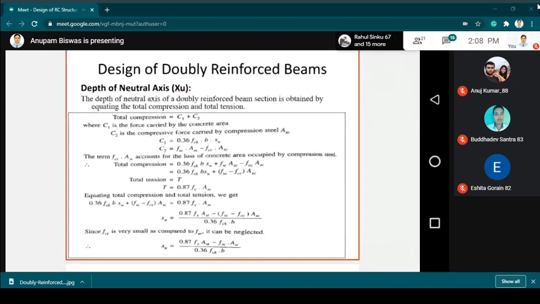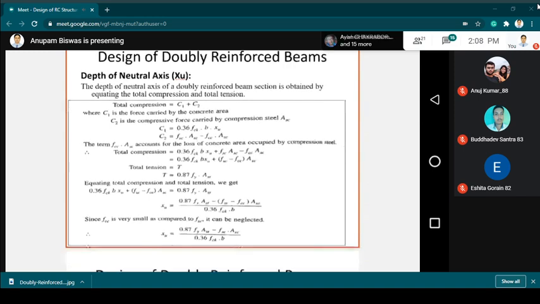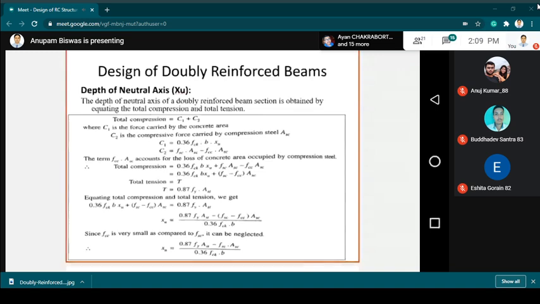Okay, the value of stress in concrete at the level of steel is very small compared to the value of stress in steel. Okay, because only a negligible quantity of steel is there at that portion, and that portion could be avoided for the compressive stress that is coming for concrete.